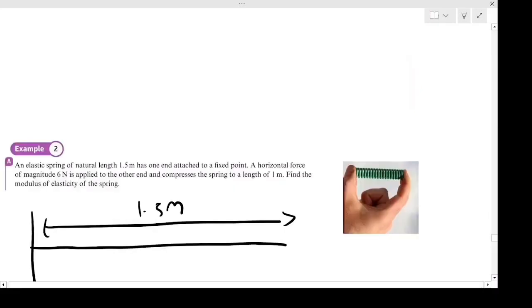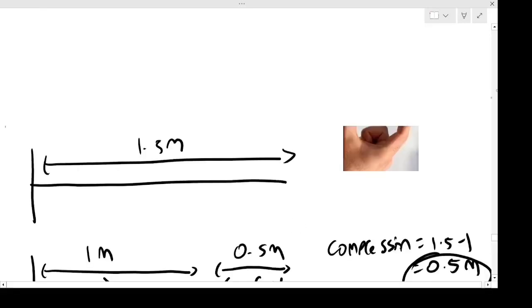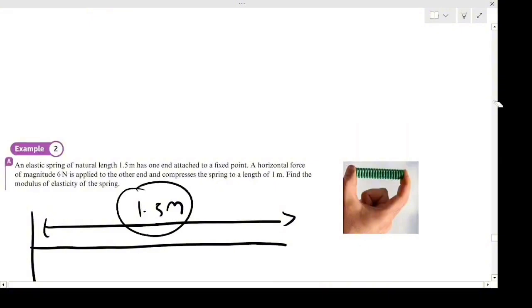My modulus of elasticity is lambda, that's what it wants me to work out. X is going to be my compression now, not my extension. I worked that out, that's 0.5. And L, my natural length, was 1.5.